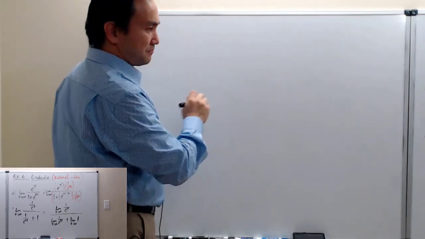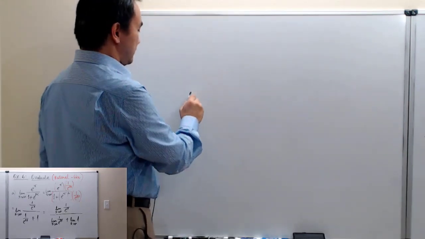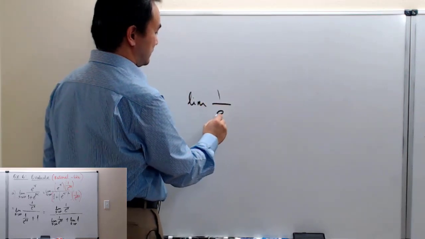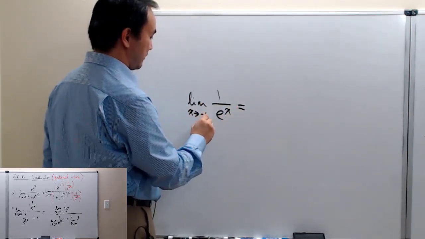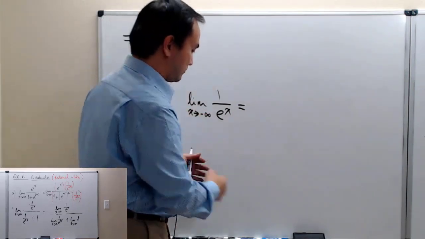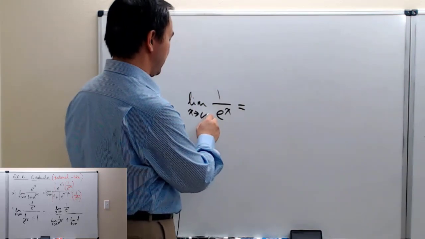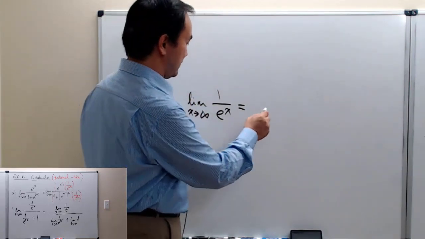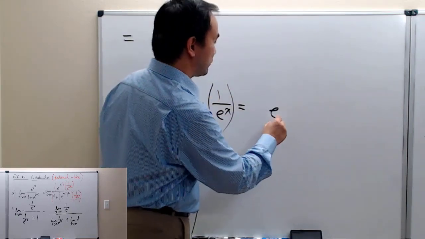Now notice for yourself, this limit of 1 over e to the x, and by the way, I meant x going to positive infinity, not negative infinity. So 1 over e to the x is the same as e to the minus x.